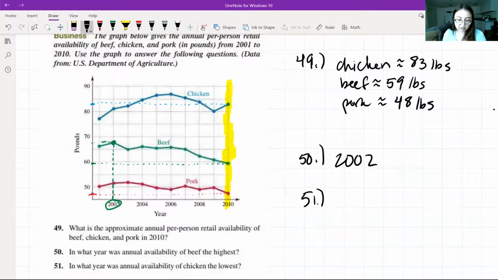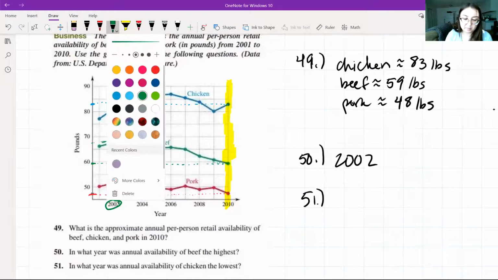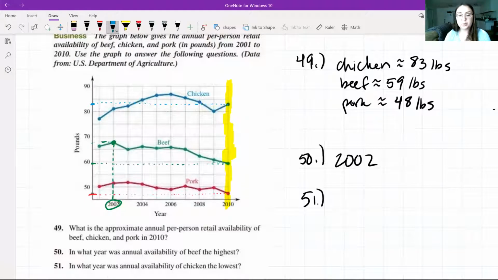Now for 51, we want to know in what year was annual availability for chicken the lowest. So we're going to look for the lowest value of chicken, and well, it looks like the very first value of chicken is going to be the lowest, which corresponds to the year, which is not marked, but we see that every other line is marked with an even year, so we can assume that this is 1 year less than 2002.